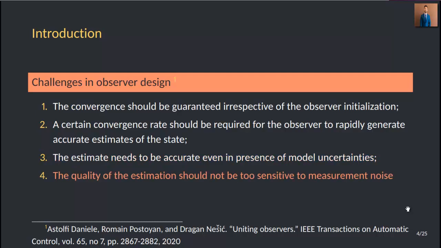And finally, the quality of estimation should not be too sensitive to measurement noise. In the literature, the first 3 items are met by high gain observers and also finite time observers. Meanwhile, the second, third, and fourth are met by Kalman filters typically.